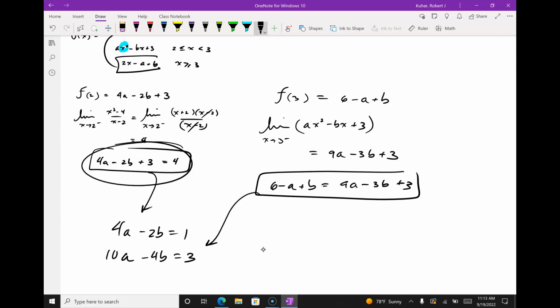When x is 3, I'm using this bottom function, right? When x is getting to 3 from the right, I'm using the same function. So they're going to be the same. So then all I have to do is equate that to what's happening from the left. And in that one, I'm using the middle function. Does that make sense? Remember, we're trying to make it continuous.